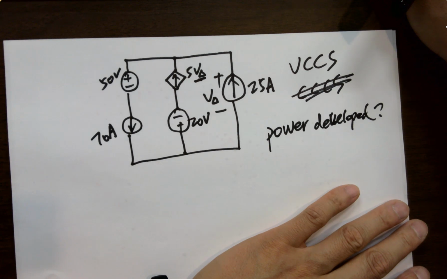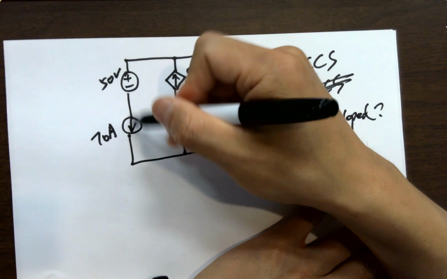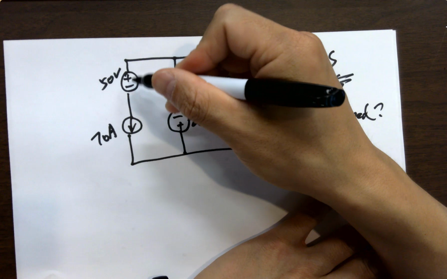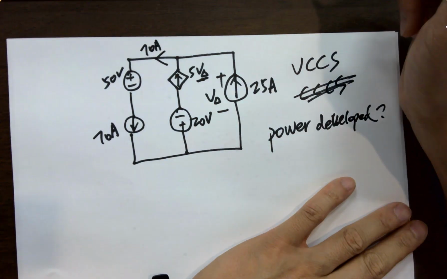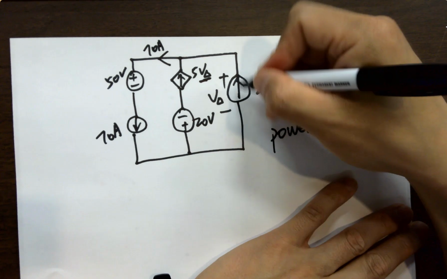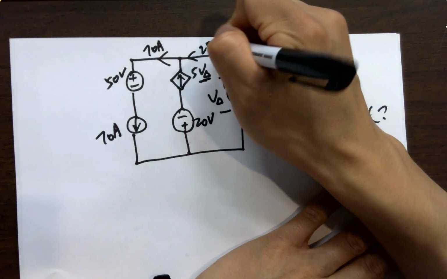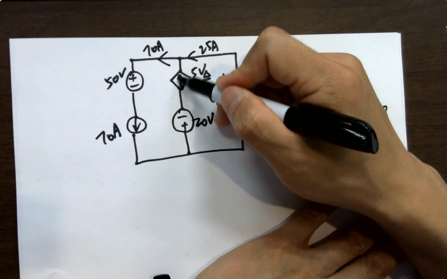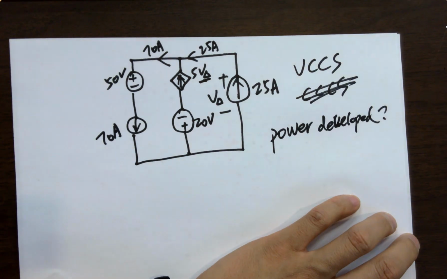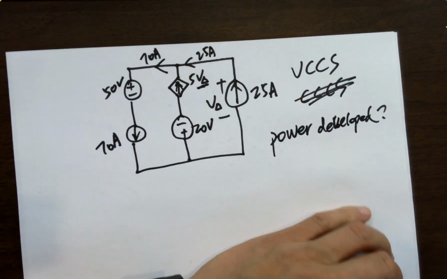So you can use KCL. 70 amps, no matter what you have in the branch, it's gonna give you 70 amps. You have to trust it. 25 amps, 25 amps. Because this is pointing up, let's just make our life easier and label that current going up.